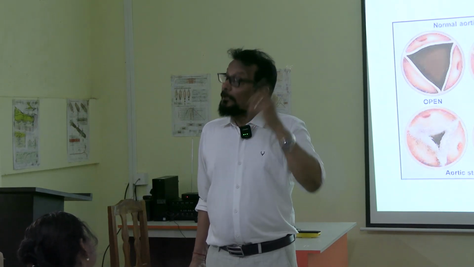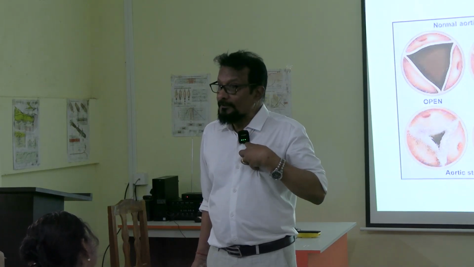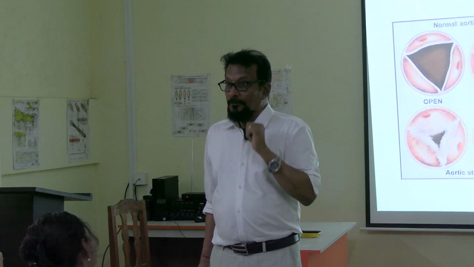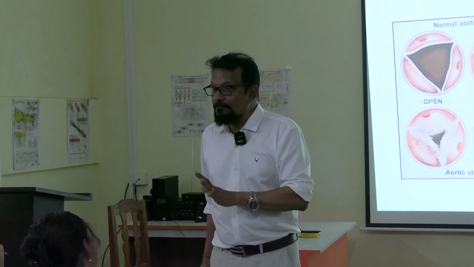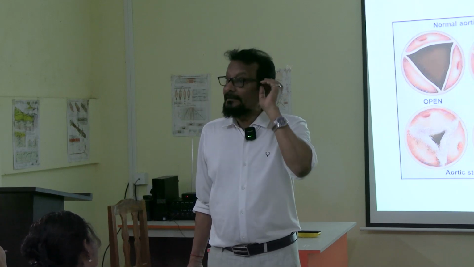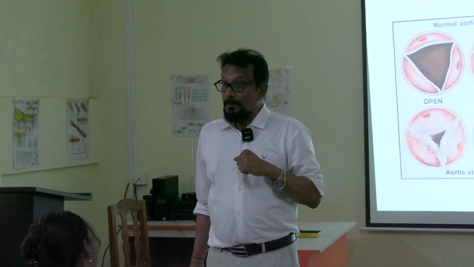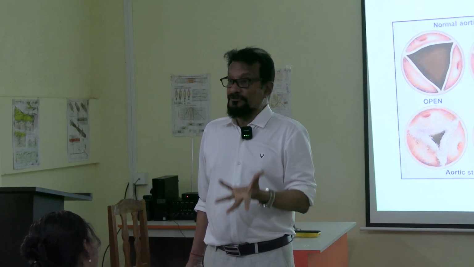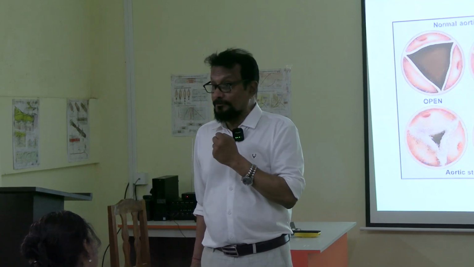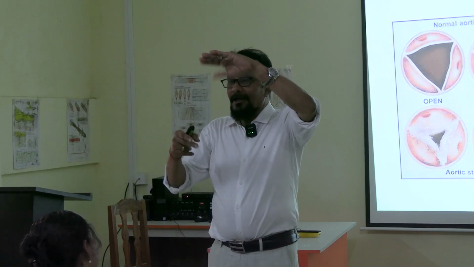In the heart also, depending on the location of the sound, you can say which valve is affected, either the aortic valve or the pulmonary. When I explain the different heart sounds, there are different types of murmur: you can hear during systole, during diastole, or continuously.